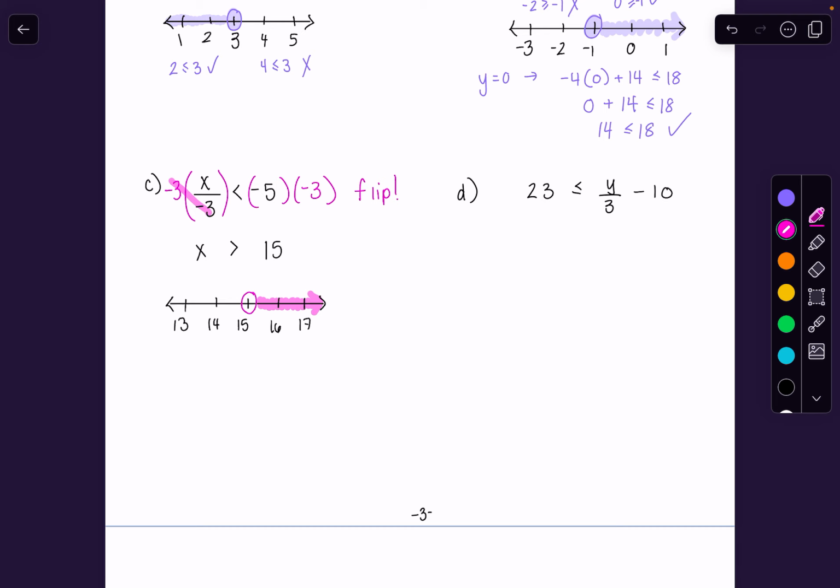And again, you can check in the original to see if this works. So if I plug in 16, it should work. If you do 16 divided by -3, it should be less than -5.